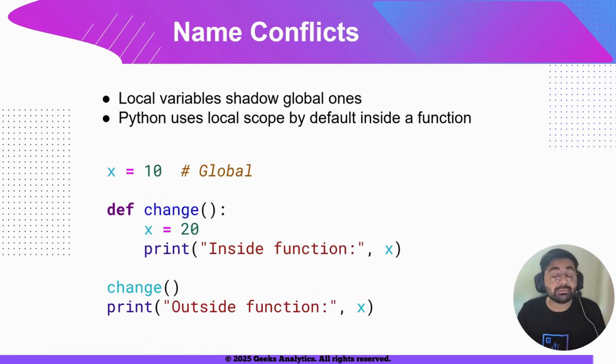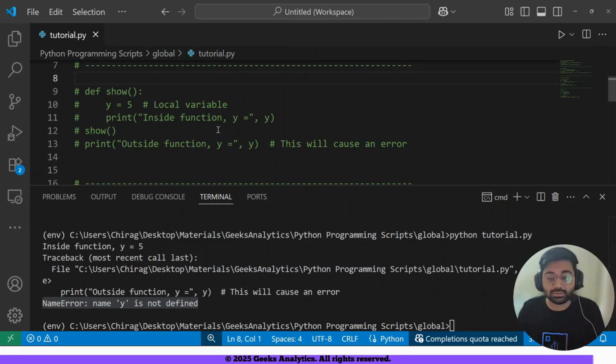Then the name conflicts. If a variable exists inside and outside of the function, that is, globally and locally both the variables exist with the same name, then whenever we are inside a function, the function will prioritize using the local variable unless we explicitly refer to the variable using the global keyword. So we'll first see the example without using the global keyword.